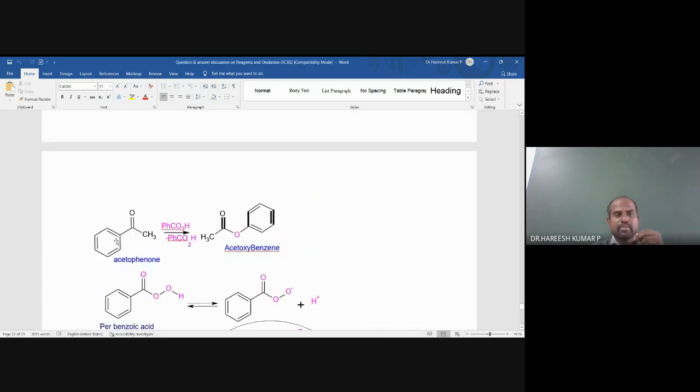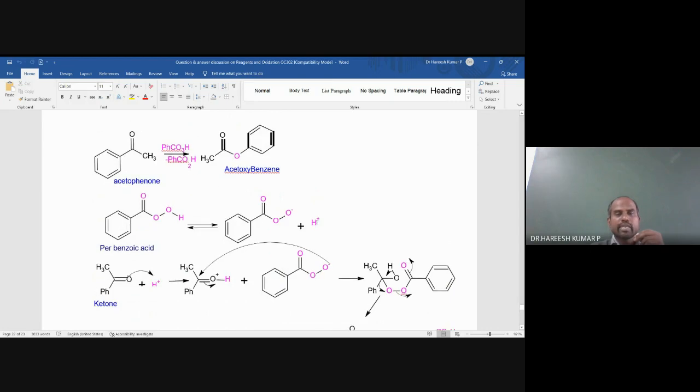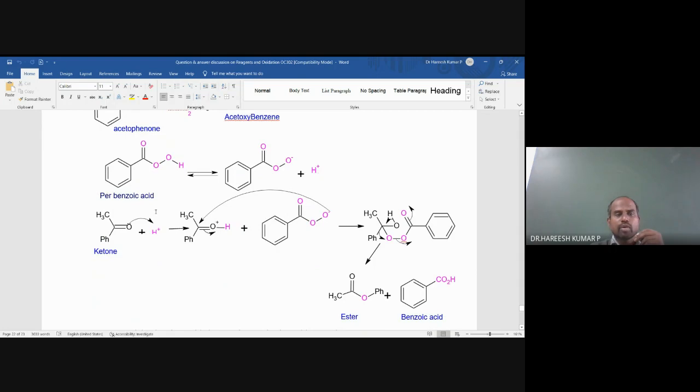I have written the mechanism here. Perbenzoic acid will be in equilibrium with perbenzoate and proton. The obtained proton forms a bond with the oxygen of the acetophenone. It will form an intermediate, and this anion will form a bond with this electron deficient carbon, forming an intermediate like this.